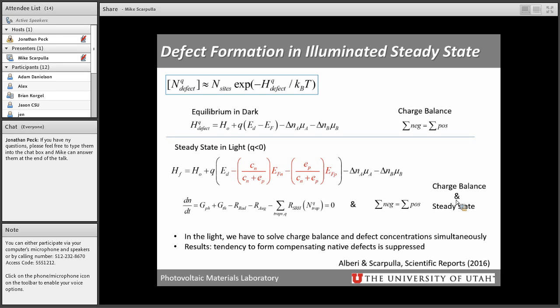If you look at the way they enter into the equation, it's very similar to the chemical potentials, which are the mu A and mu B for the A and B atoms in a compound.